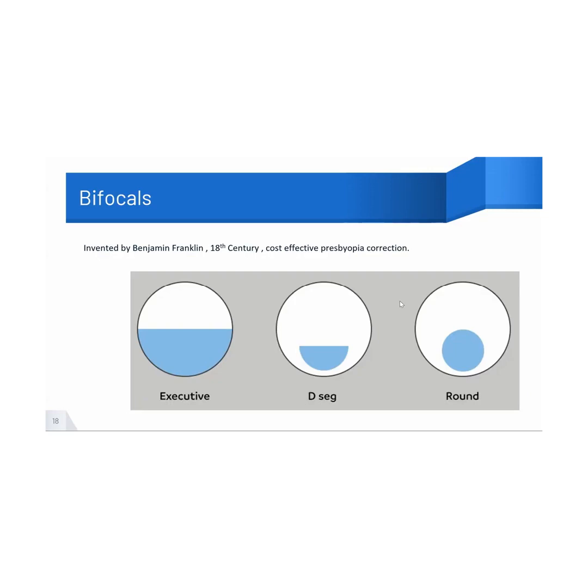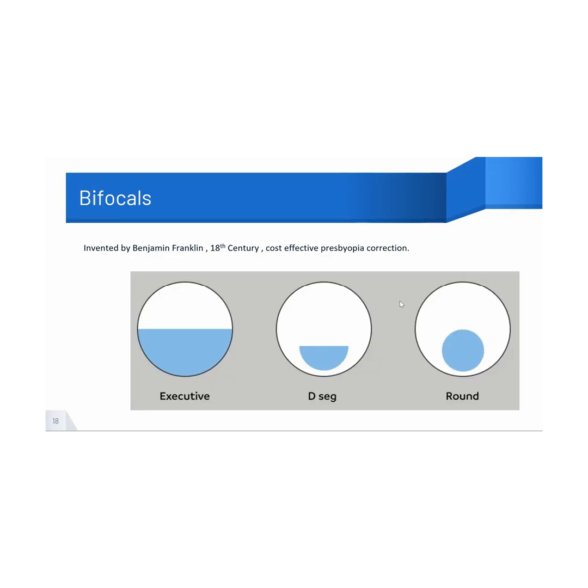Okay, apex to apex joined. Ramakant says D. We get executive bifocal options. Round. So it's a mix, okay, fair enough.